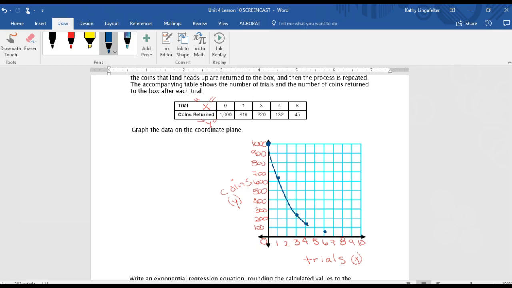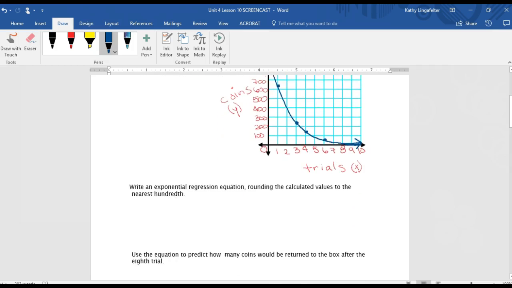You see it curves around and heads approaching the x-axis as an asymptote. Alright, so that's me completing the first part of this problem, deciding how I want to count my x-axis and my y-axis, and then getting the ordered pairs on the graph.